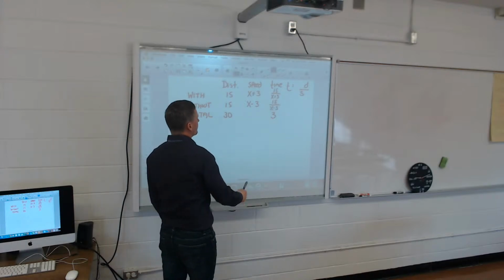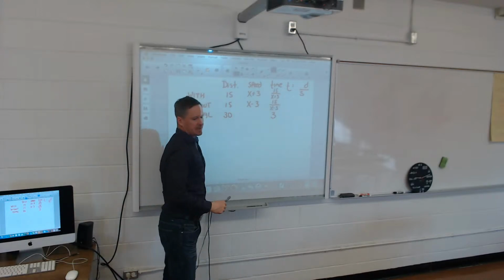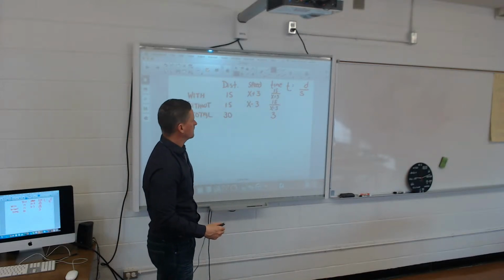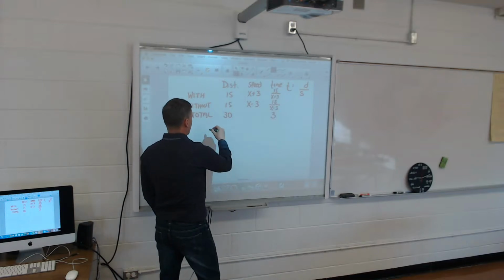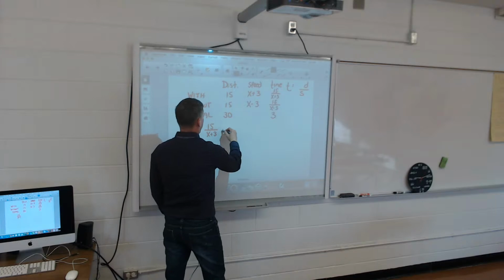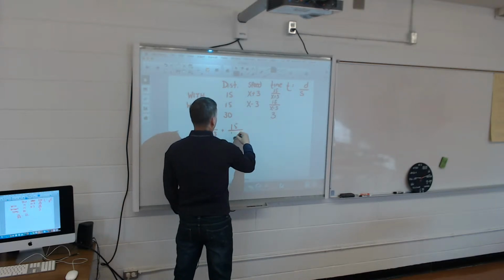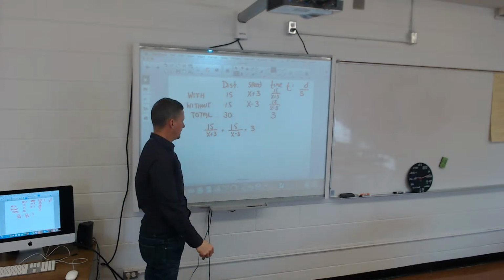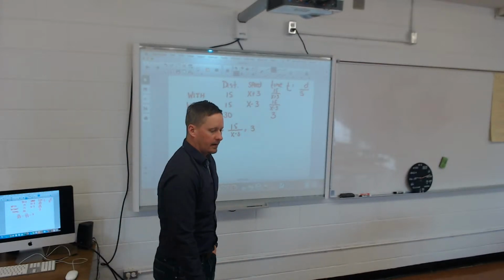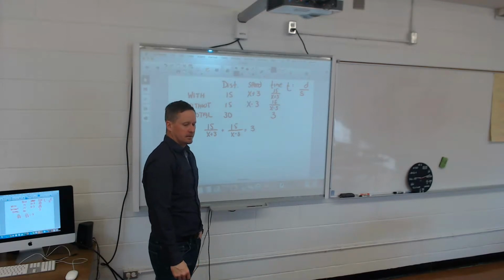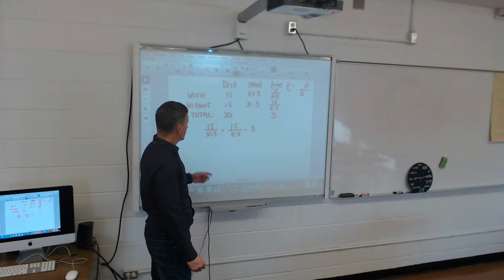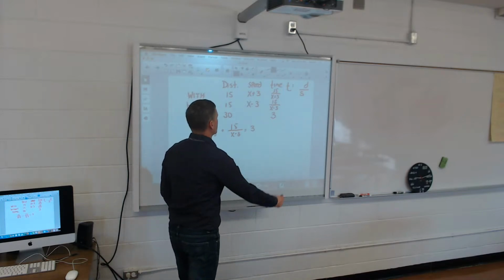So what does x represent in this question? X represents the speed that they're actually riding their bikes at. Okay? So now I go 15 over x plus 3, add 15 over x minus 3 equals 3. All right, so I want to get rid of my denominators.